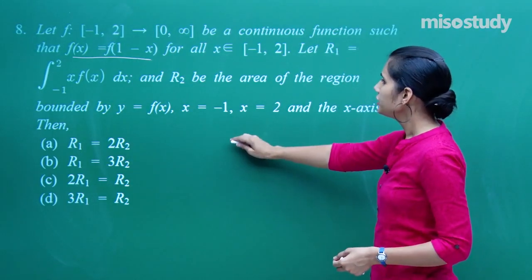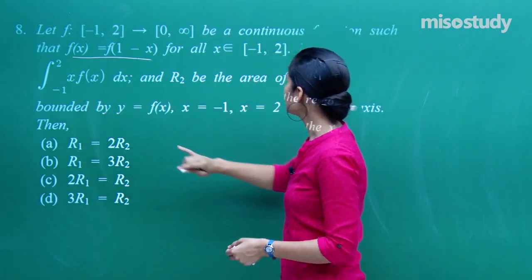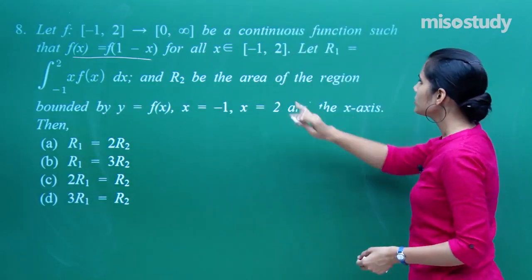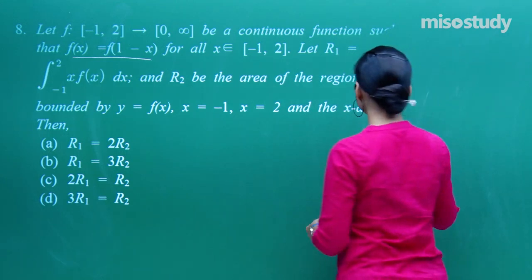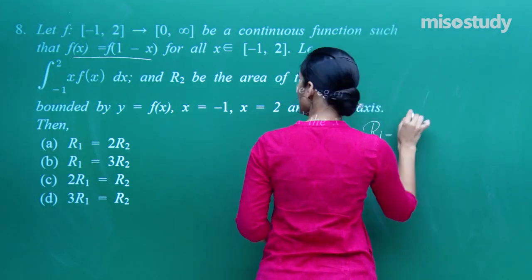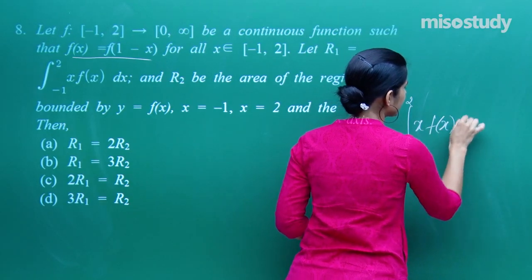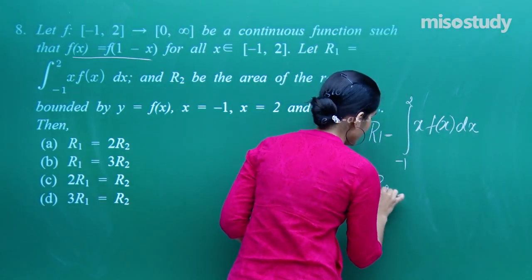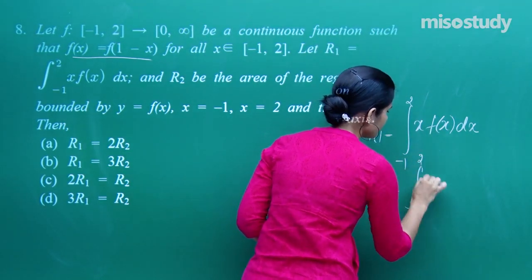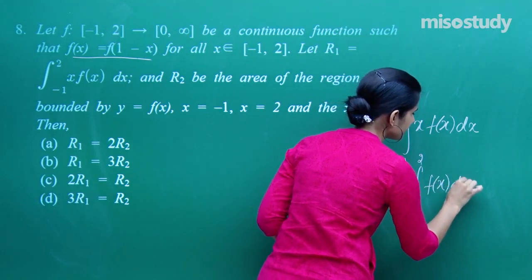Okay, so over here if I consider this particular integral, this is my R1, and R2 is the integral from minus 1 to 2 of f of x dx.